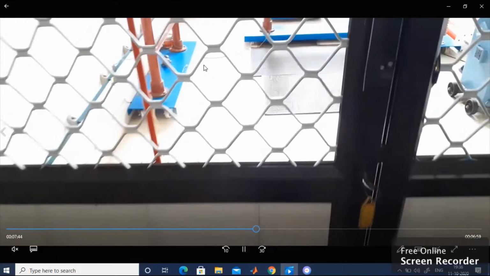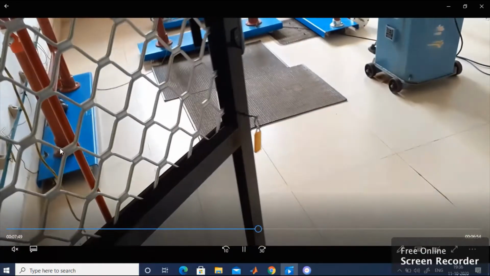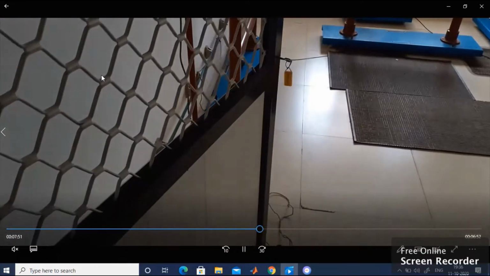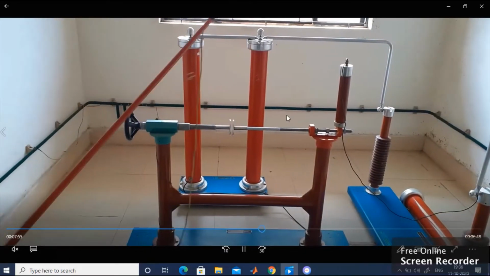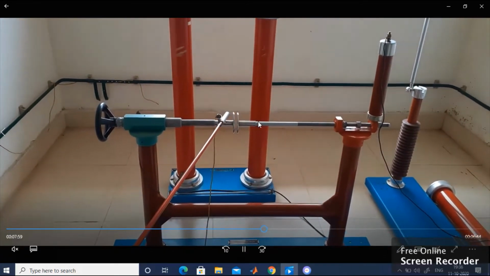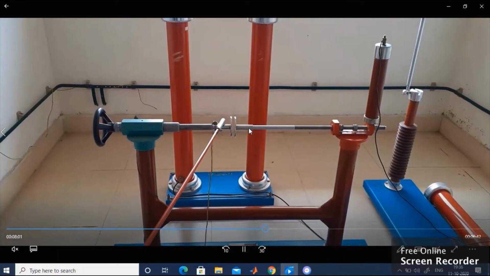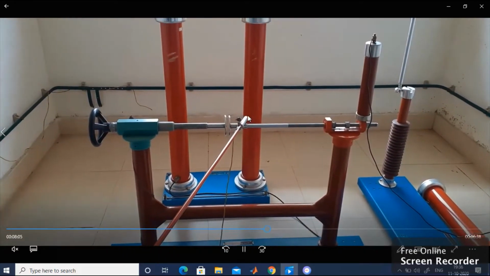Now the same procedure has to be carried out. You have to get inside. Don't forget to use the earth rod. That is a must. You have to keep the earth rod in touch with the metal parts wherever you can observe them.